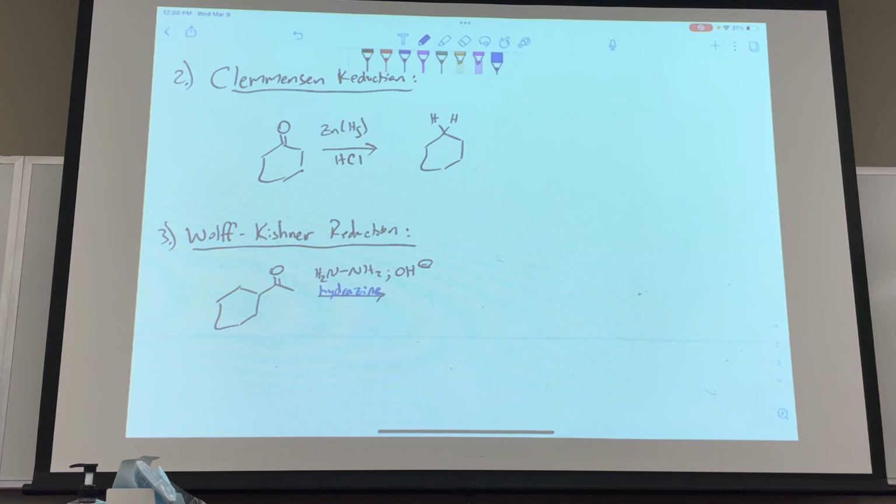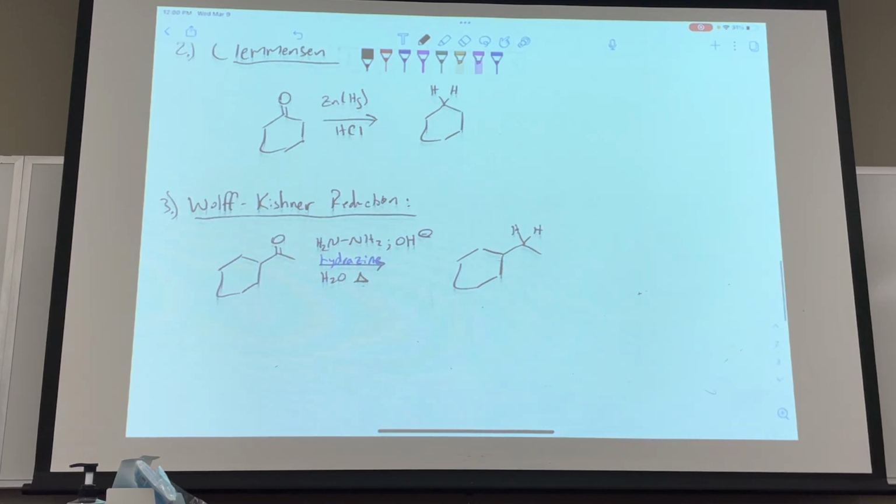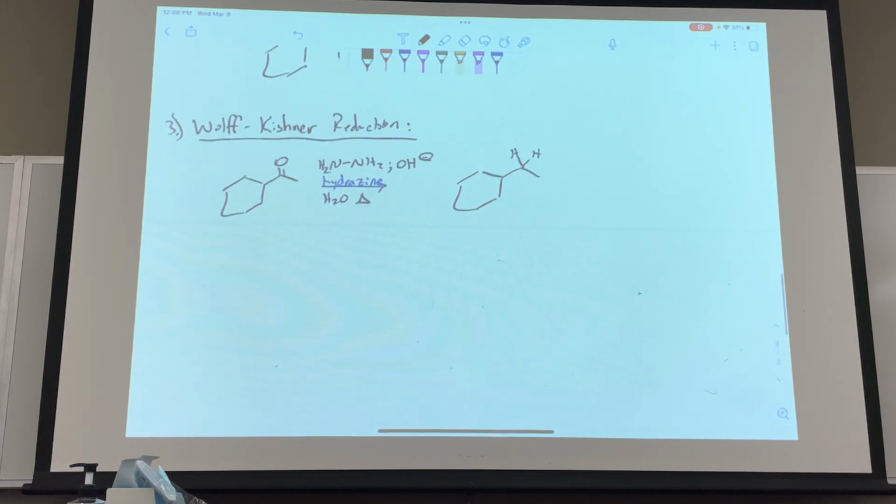So it combines hydrazine with, under strongly basic conditions, water and high heat, and it will do effectively the same thing that the Clemmensen does. It makes the methylene group. All right. So I want to go through the mechanism of this one with you because it's probably not immediately apparent.